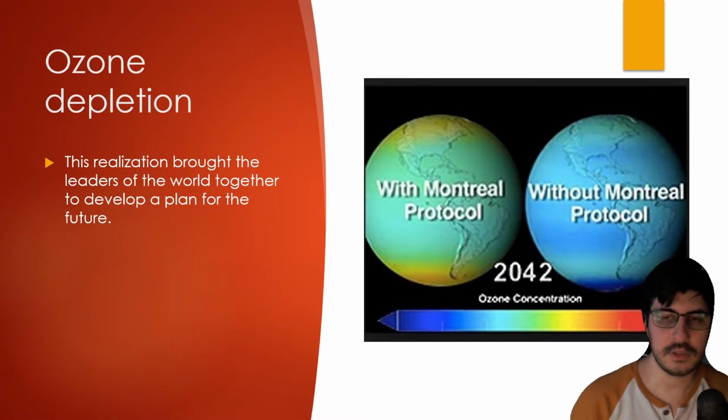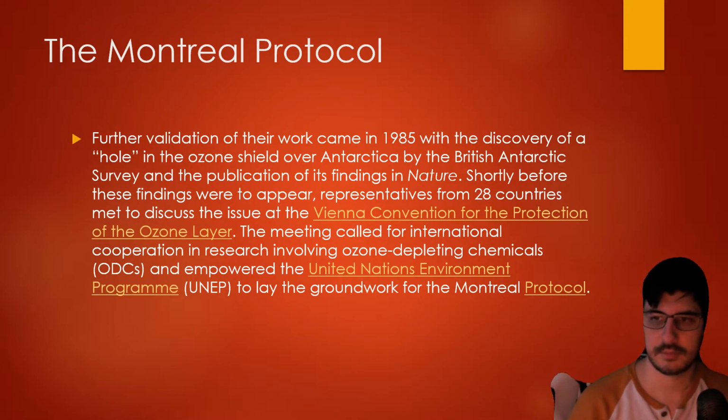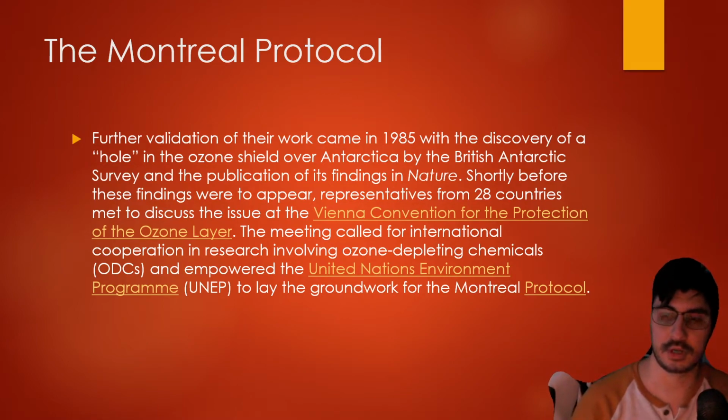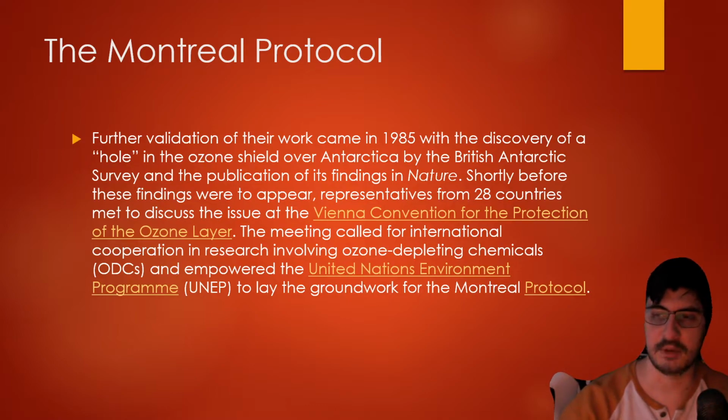So this realization that we had to act and we had to do something brought the leaders of the world together to develop a plan for the future. And as you can imagine, that was probably not an easy task to do. Further validation of their work determining that these chemicals were affecting the ozone came in 1985 with the discovery of a hole in the ozone shield over Antarctica. That's what that nice British man was saying in that video we just watched.